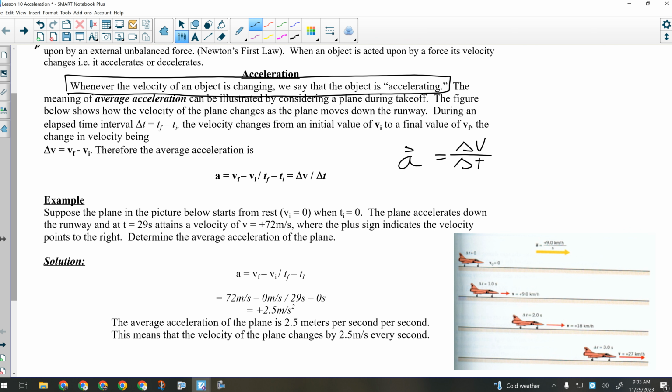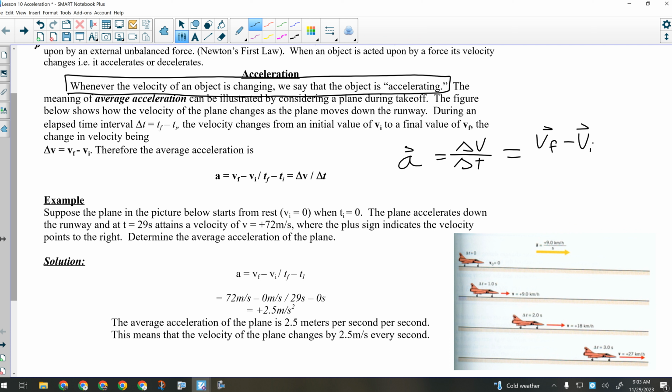Anytime you see delta anything, it means the change in that variable. The way you calculate change is to take the final and subtract the initial. So if I see delta V, that means final velocity minus initial velocity. If I see delta T, that means final time minus initial time.